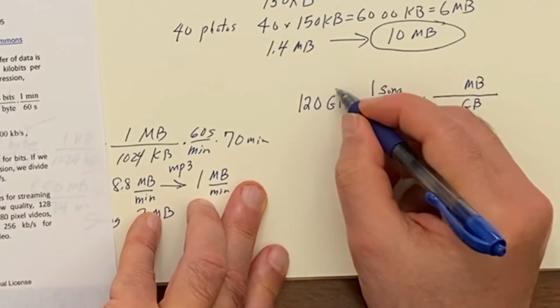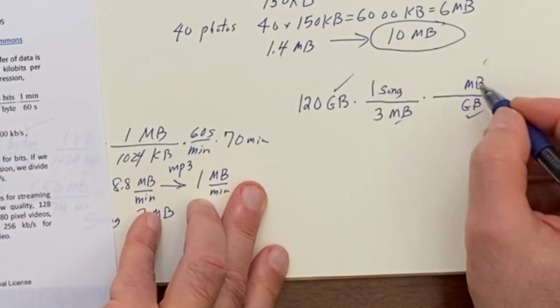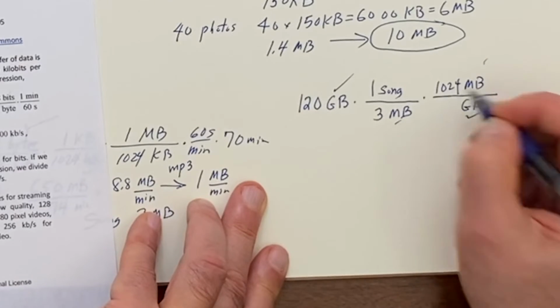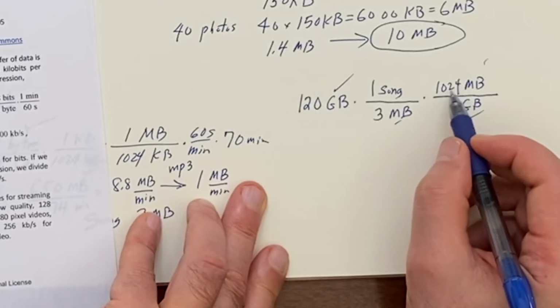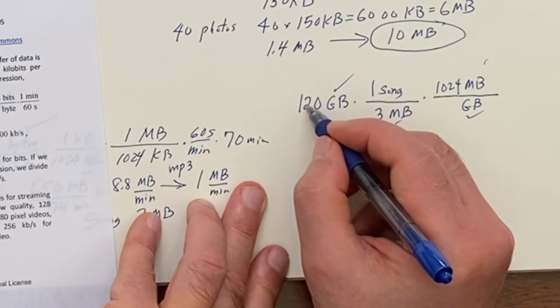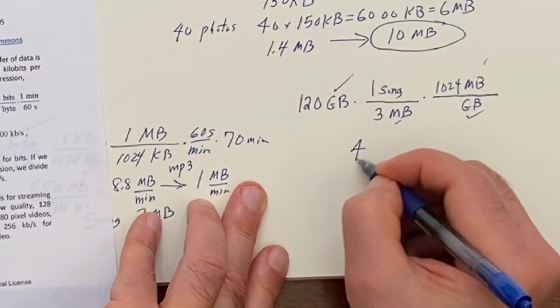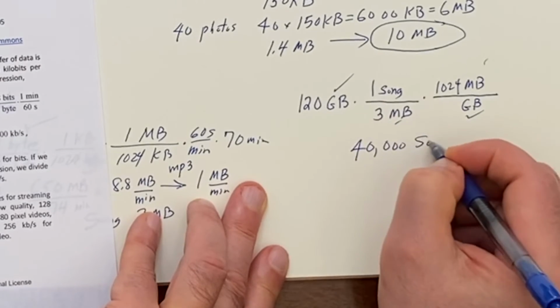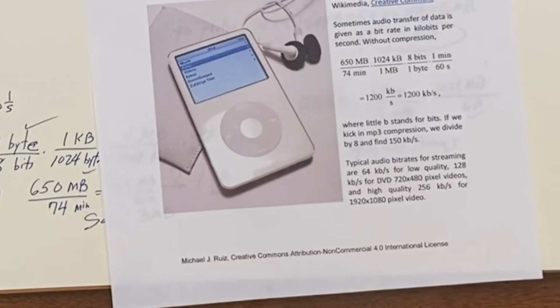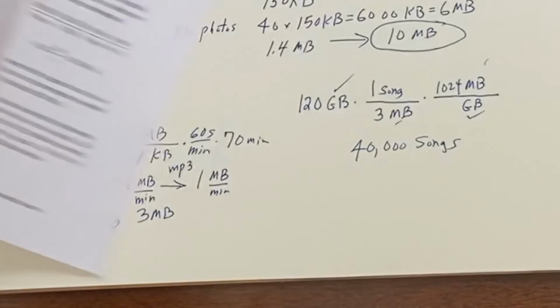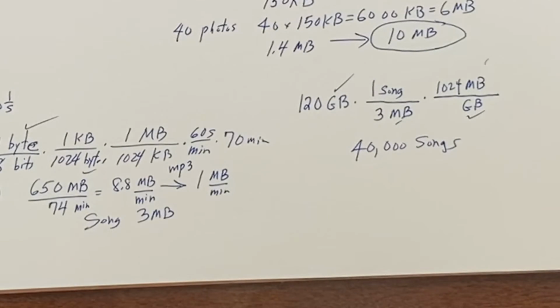My guide is, I want this to cancel, so I have to put in 1024. And that's about 1,000, and 3 into 120 is 40, so you got 40,000 songs. That's pretty impressive. You're jogging with this thing, and you've got 40,000 songs, each 3 minutes. You're going to do a lot of jogging before you hear that song again. All right, 40,000 songs. Wow.